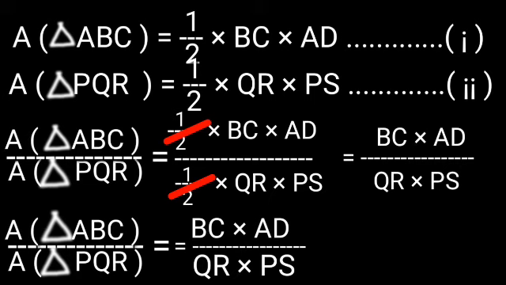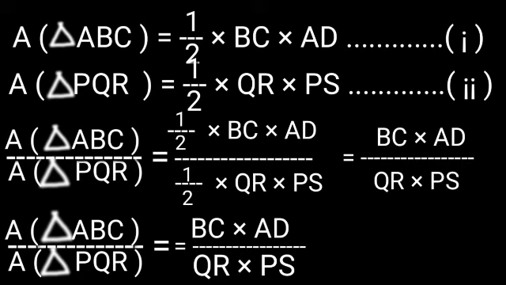1/2 is common and the same, and is multiplied. Hence we can cancel that, and we get BC into AD upon QR into PS.